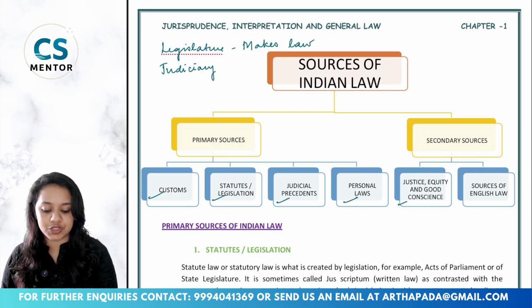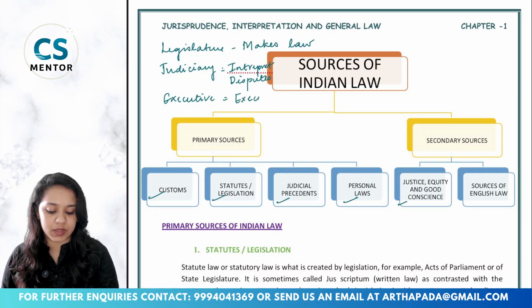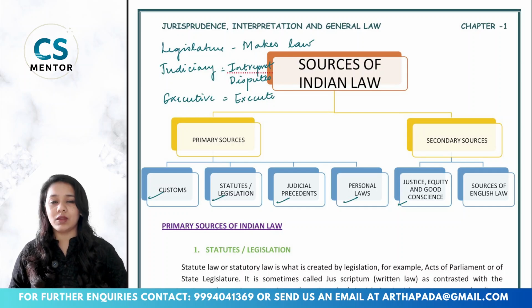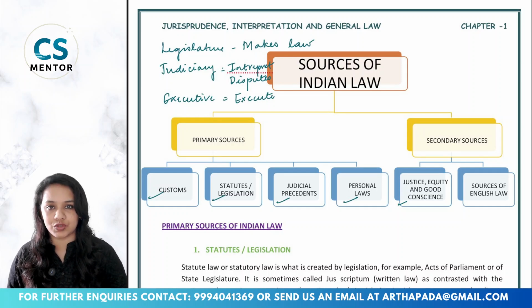The purpose of the judiciary is to interpret law and also decide disputes. And then we have the executive, whose sole objective is to execute the laws. This is how the three organs of state are loosely classified in our constitution.